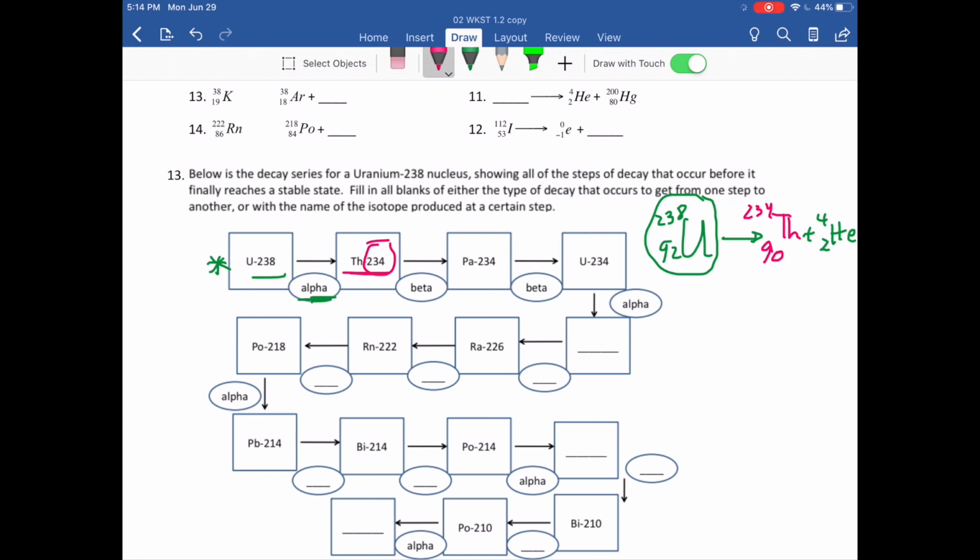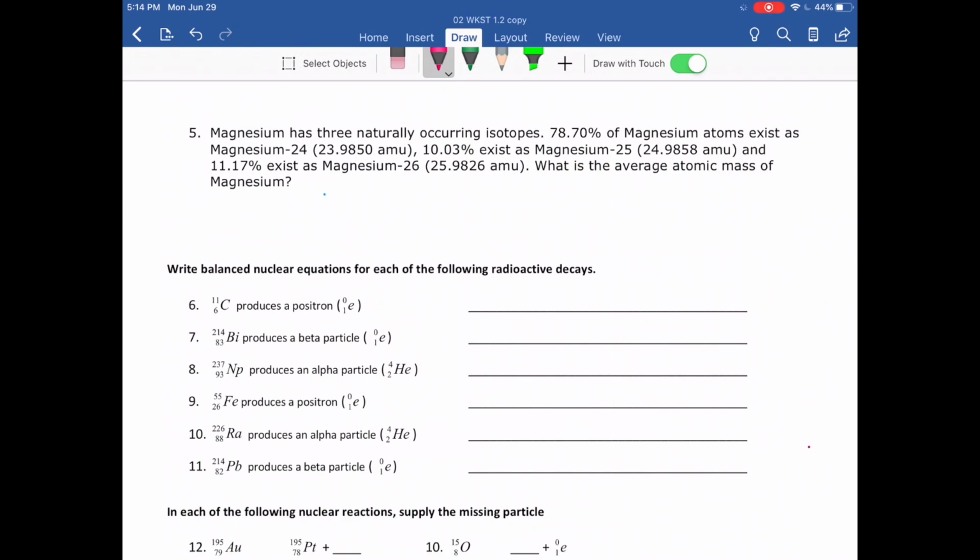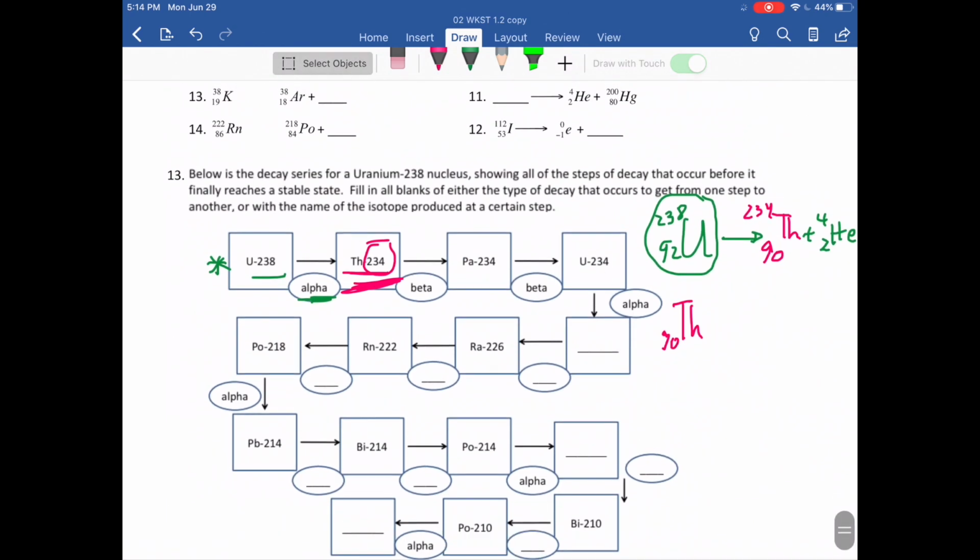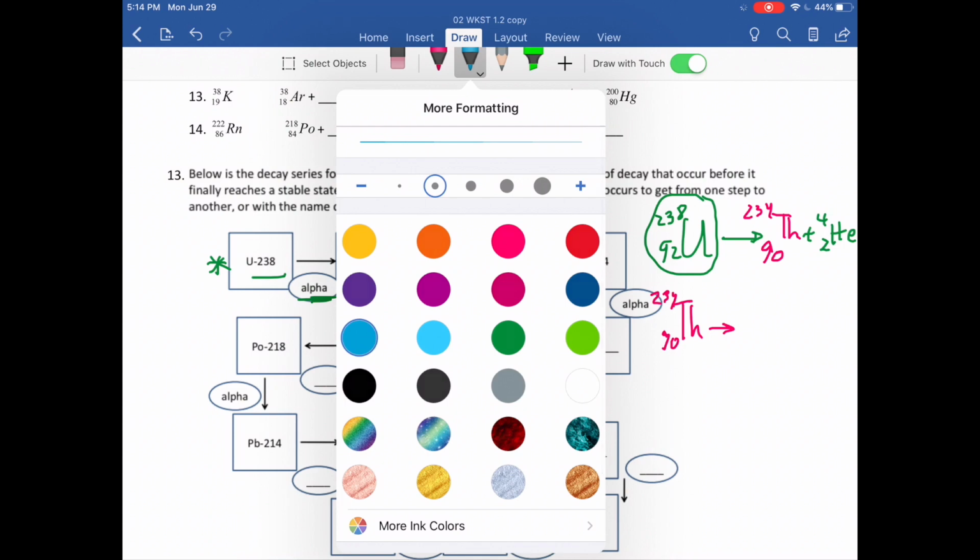The next one is telling you that you have thorium. So now we start from here. So thorium, that is 90. That's the atomic number of thorium. We find that on the periodic table. And it has a mass of 234. So this is releasing a beta particle. So a beta particle, careful with that, it's a negative electron, okay?